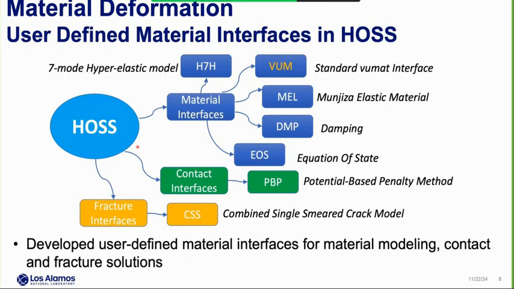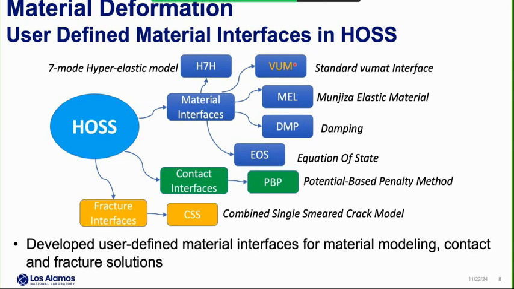We also provided different user-defined material interfaces to simulate the material deformation. Over here I'm showing you some of the interfaces that we developed in HOSS for material modeling, for contact, and for fracture. For the material interfaces, one that I want to highlight is the VUMAT, which is the standard VUMAT interface for Abaqus.